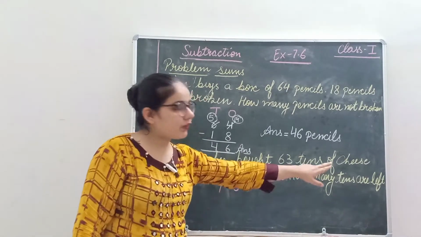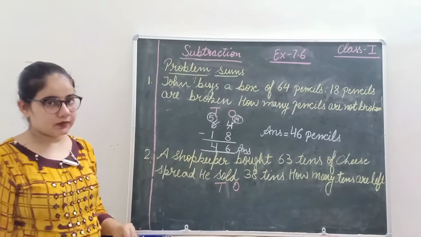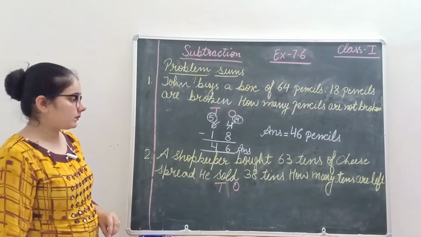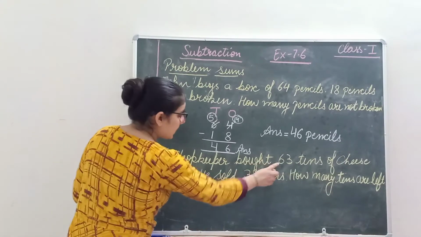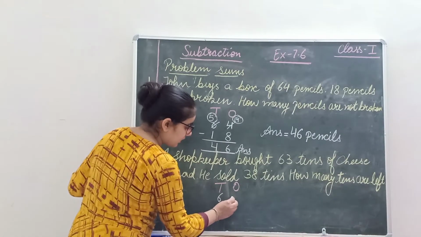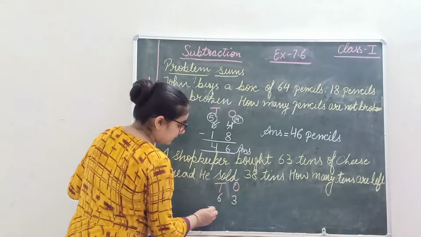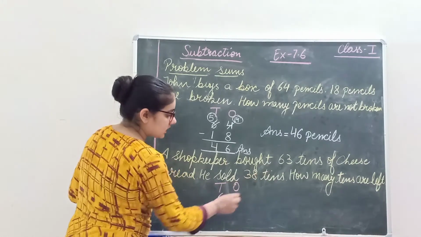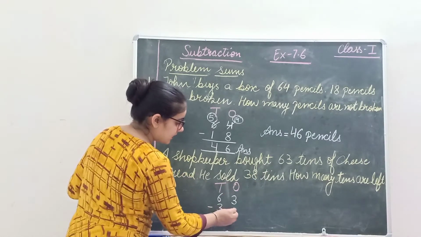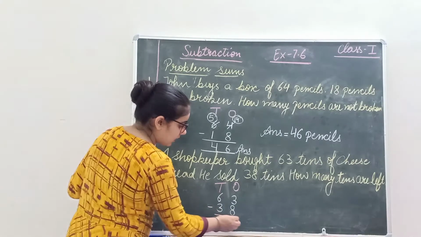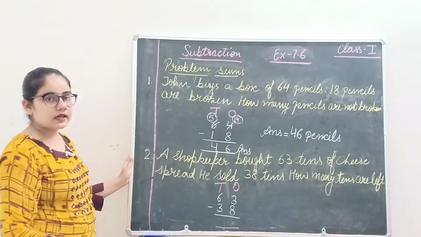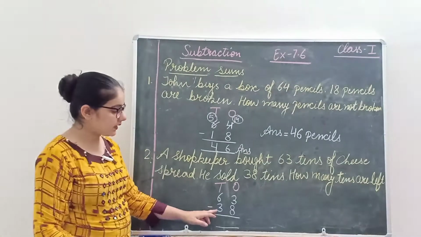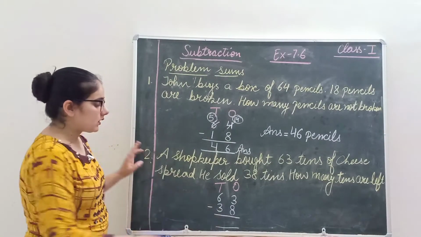We have to find left number. First of all, write total number of tins 63. Then write 38 tins sold. Now do subtraction. How many tins are left? 63 minus 38.